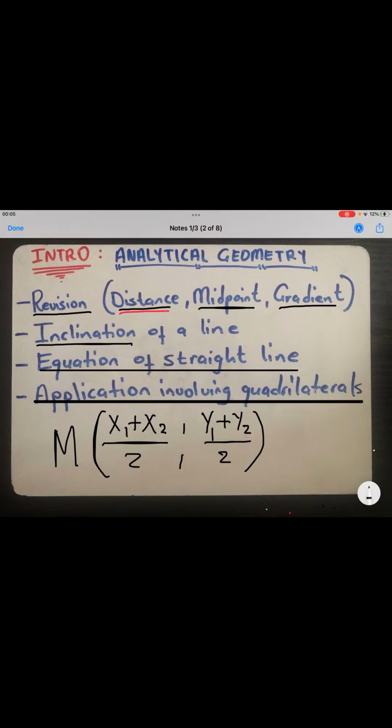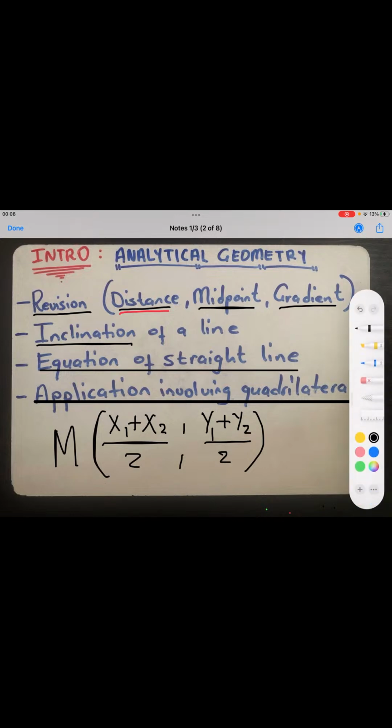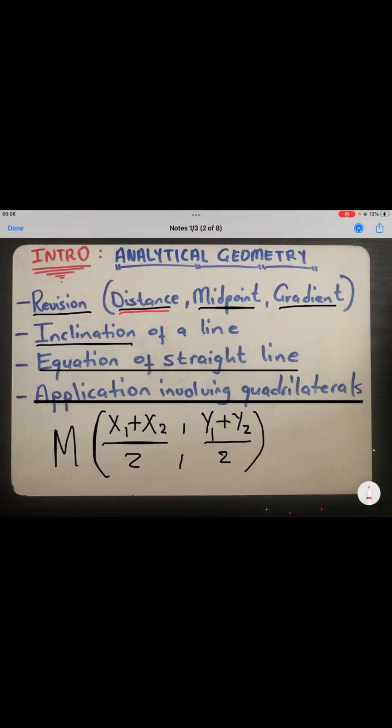Most importantly, analytical geometry is a game of two things. Again, even when we talk about the midpoint, it simply refers to you having a line which has 2 points. It could be point A and point B. When you use the formula for calculating the midpoint, you are actually calculating the middle point.